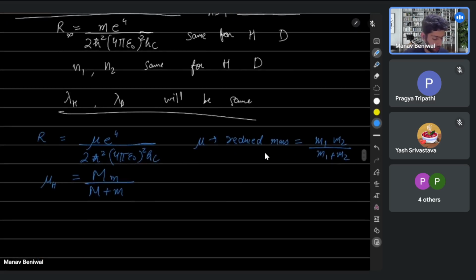So then here we can substitute k, and we can always talk in terms of mass of electrons. So your mass of proton is k times the mass of electron, right? So this becomes k m squared over k plus 1 m. So this m will cancel, and this becomes k upon k plus 1 times m.